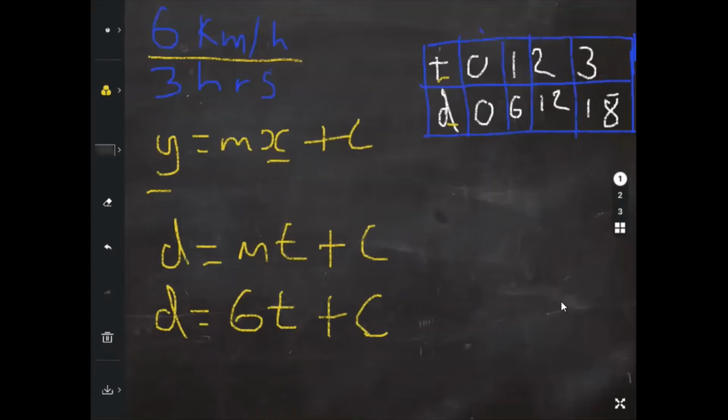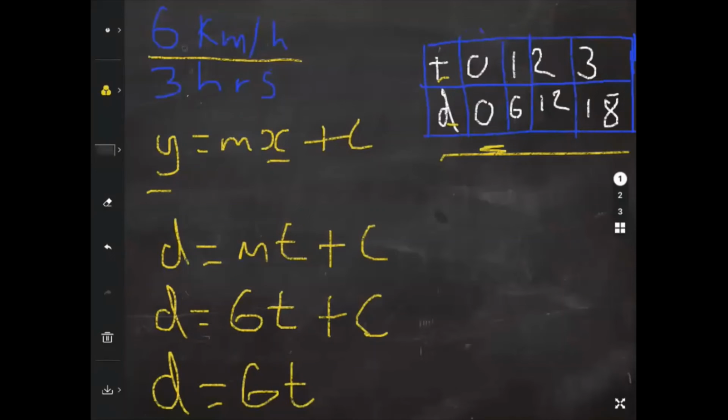So to find what that c value is, you'd make your x equal 0. But we can just look at this table here. Where our t is equal to 0, our d is also equal to 0. So our formula is just going to be d is equal to 6t, because if we add 0 to 6t, we still just get 6t. So that's the rule that we're going to have there: d is equal to 6t.